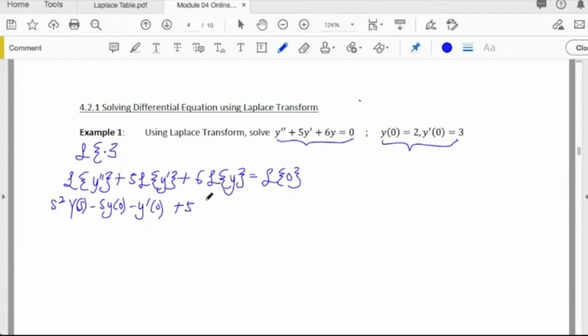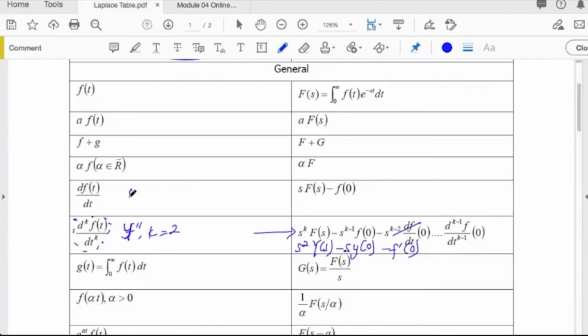Plus 5. Okay, so find out what is the transformation of y prime. Y prime is given by this part. If you have y prime and apply the Laplace transform, in the s domain you get s Y(s) minus y0.